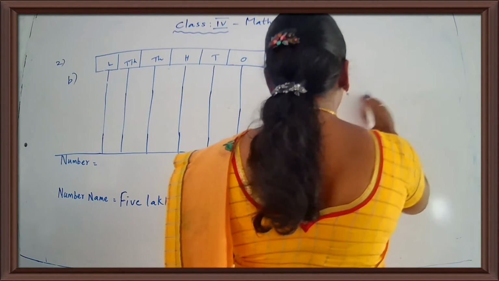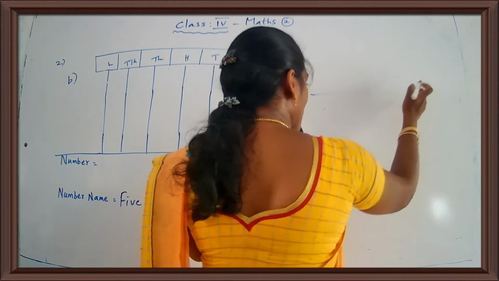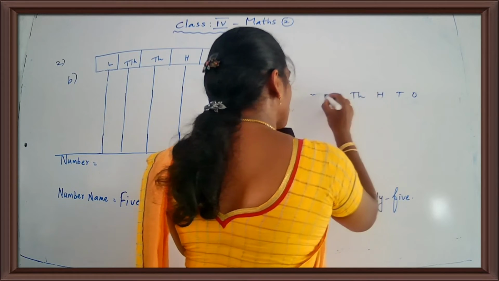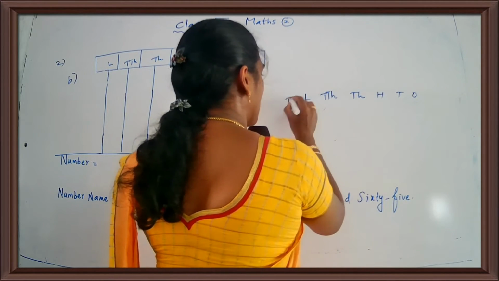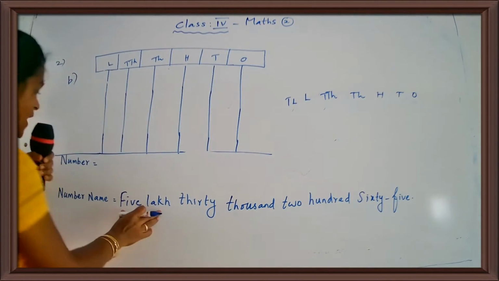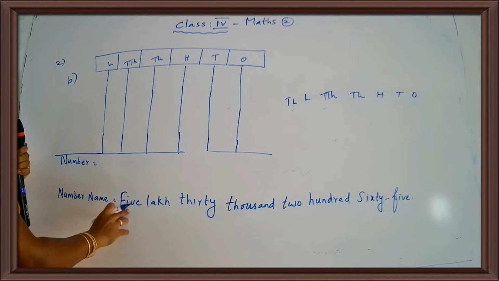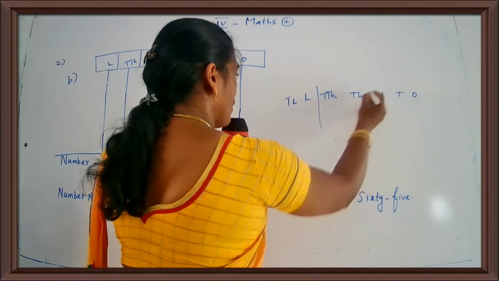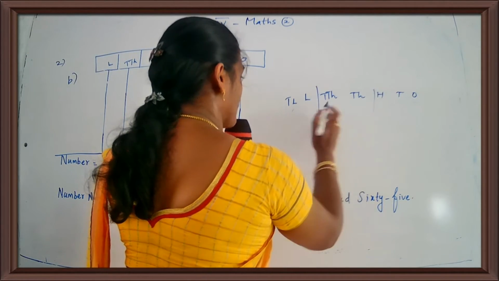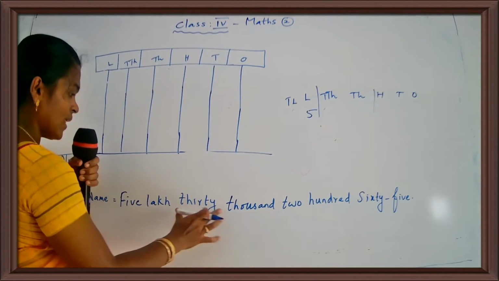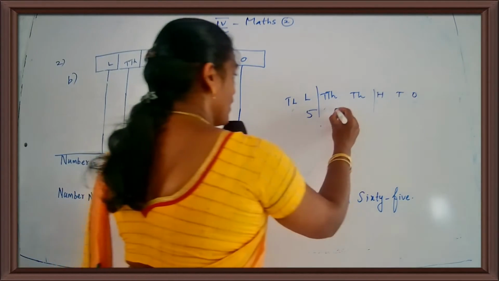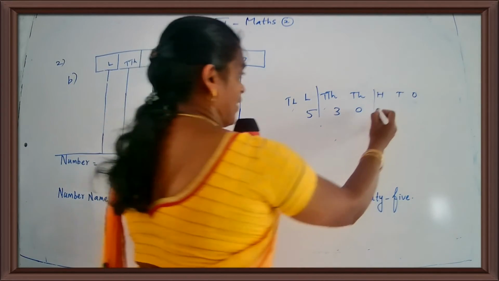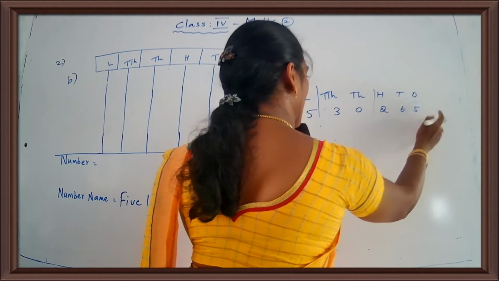Your place value chart starts from ones, okay? Ones, tens, 100, 1,000, 10,000, lakh, 10 lakh. Now you see 5 lakh, no 10 lakh, only 1 lakh, that is 5 lakh only. So this is a period. 5 lakh, 30,000, the thousands period of 30. 30,265.